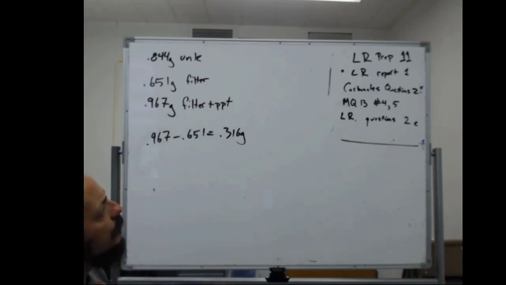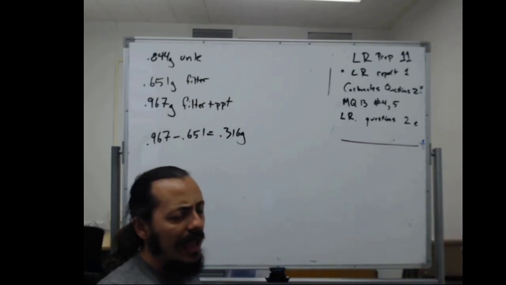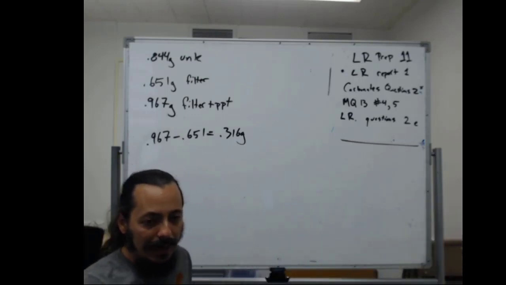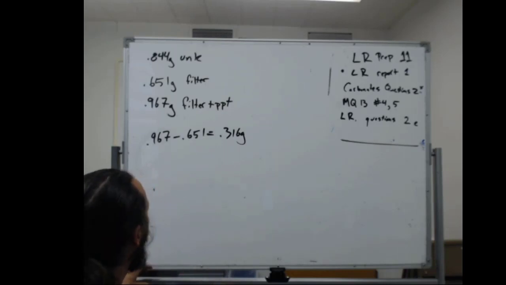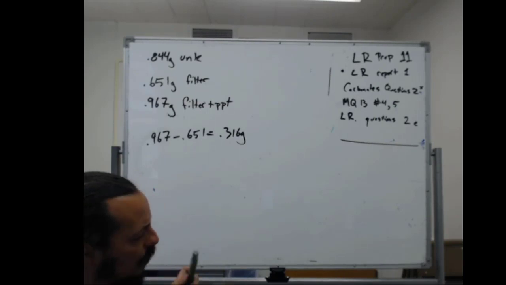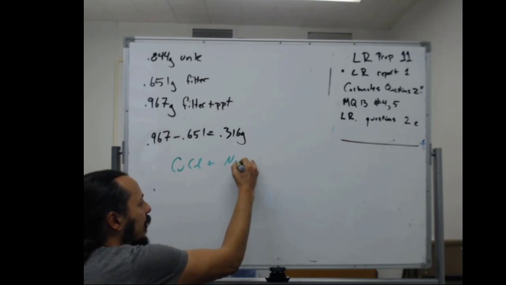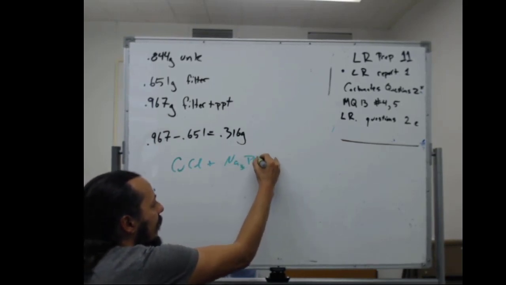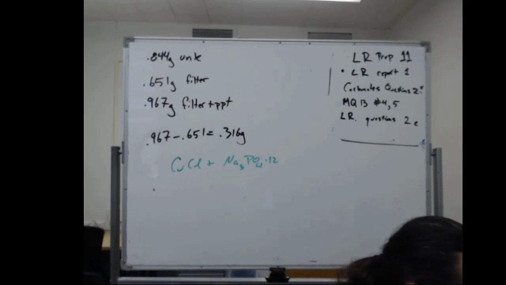Okay, so this kind of goes back to what we just did with limiting reactant prep 11, right? Were you able to identify your limiting reactant correctly? You're muted. Copper chloride. Okay, so looking at our chemical reaction here, we've got copper chloride plus sodium phosphate dodecahydrate.